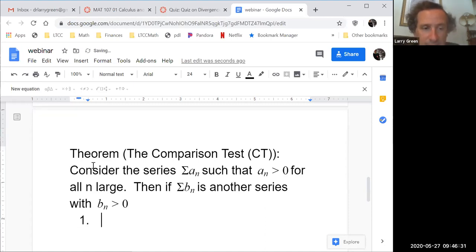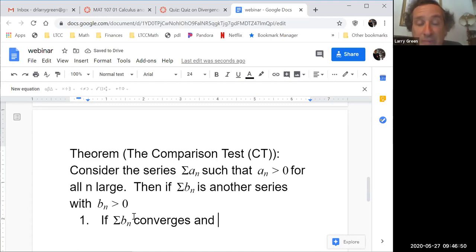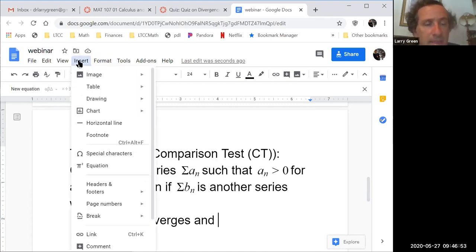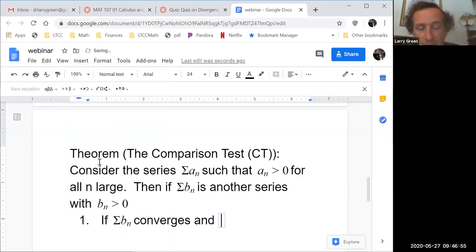Okay. Now, if we have another series, there are two things that will help us. One is that if the summation of Bn converges and An is less than Bn, that was our first example.